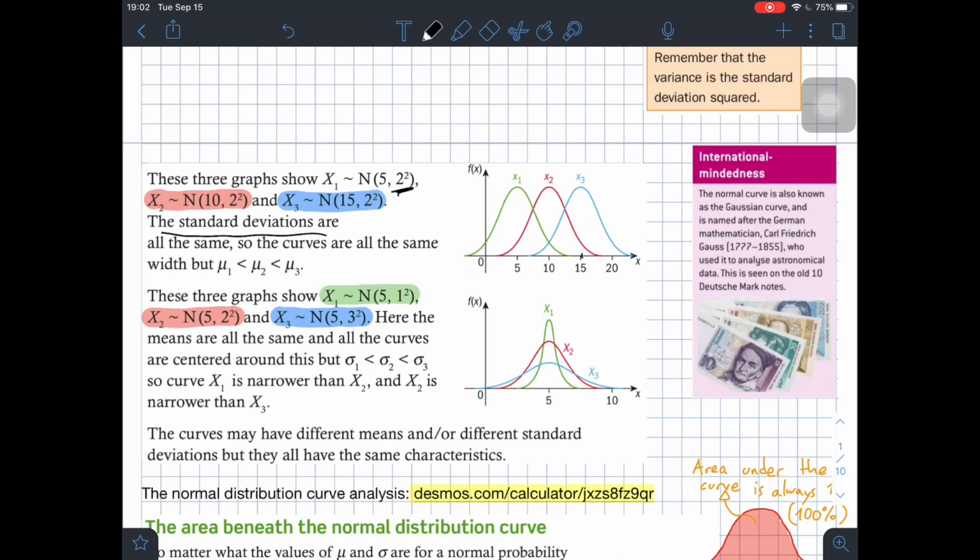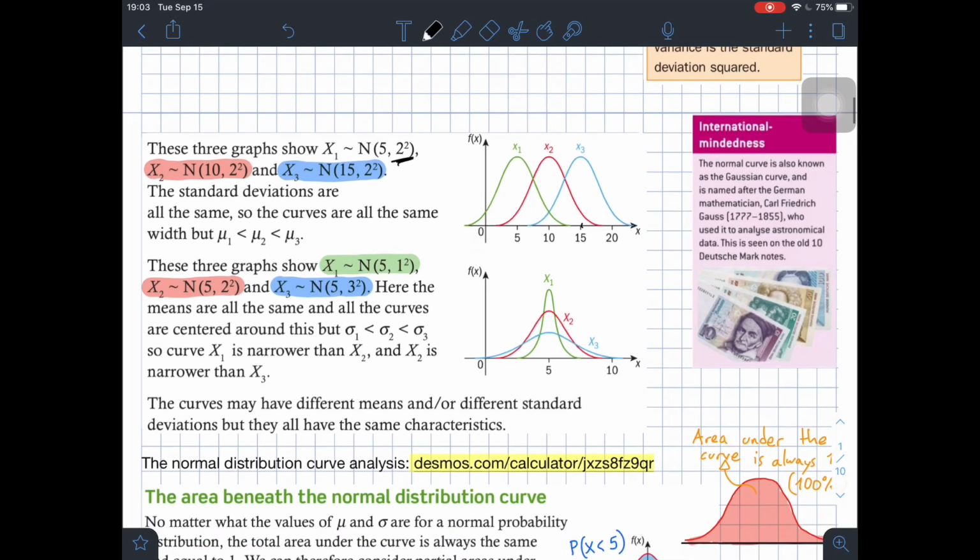So it says, the standard deviations are all the same, so the curves are all the same, but the mean of the first is less than the mean of the second, which is less than the mean of the third normal distribution.